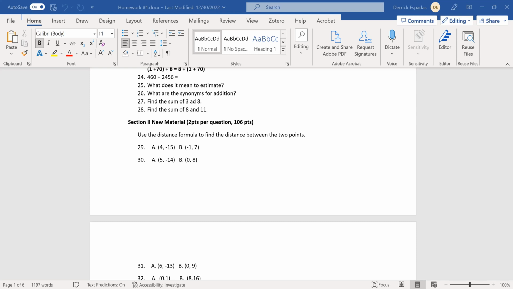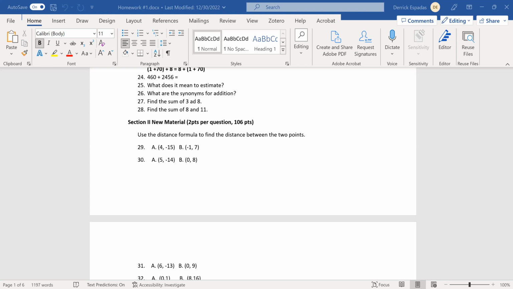All right, so x2, which is 1, minus x1, which is 7. And then y2, which is 9, minus y1, which is negative 12. So the negative and negative are going to make a positive. All right, and then we need the squares.